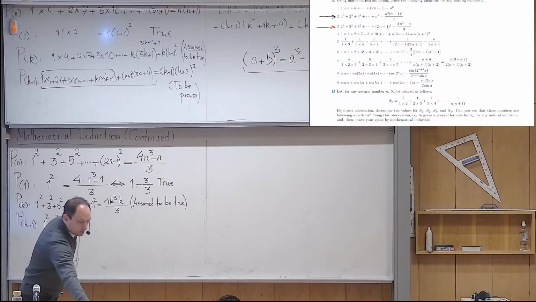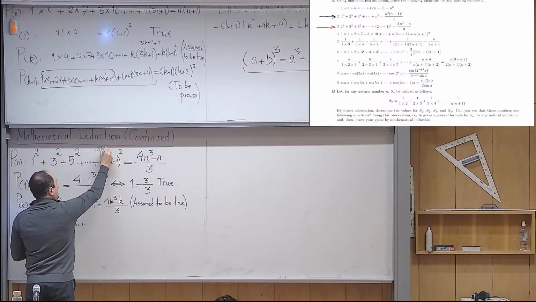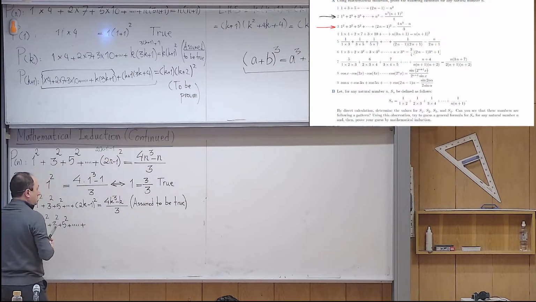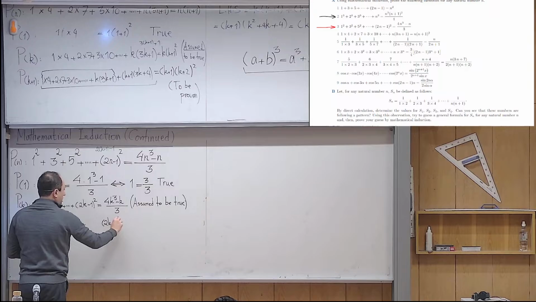Instead of n you write k plus 1, and then you have a minus 1. So 2k plus 2 minus 1 is just 2k plus 1. So you continue until you reach 2k plus 1 squared.